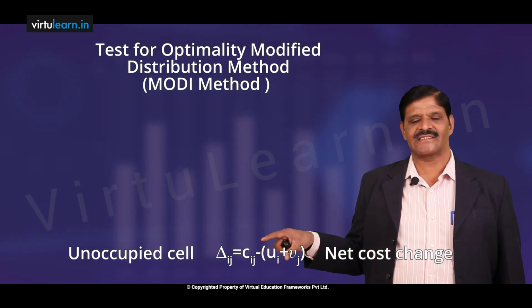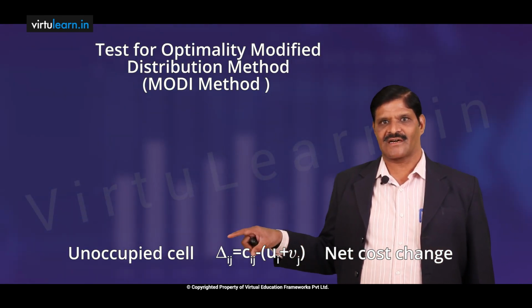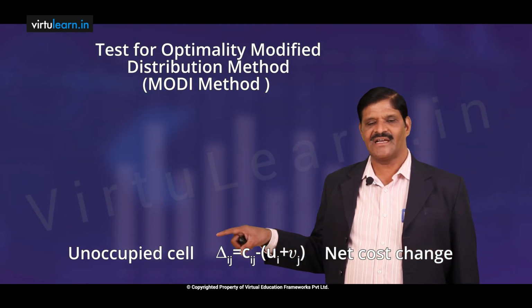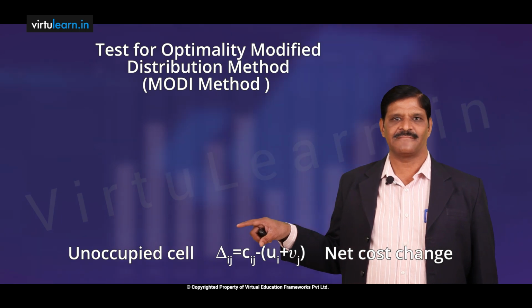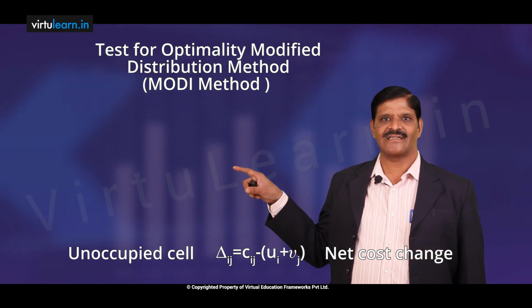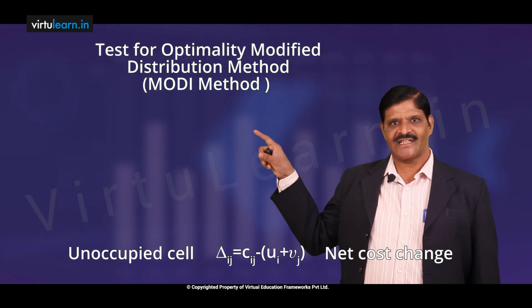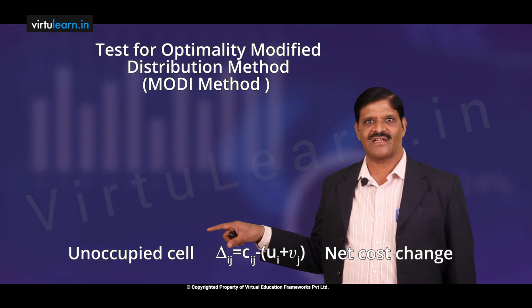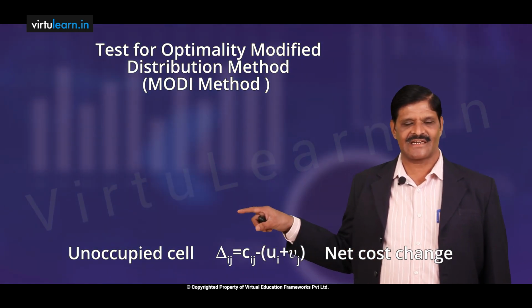Similarly, for third row, first column, we have made allocation. Third row is represented by u3, first column by v1. u3 plus v1, there we have made allocation and the cost is, let us say, 18. Then we will write down 18. Likewise, for all the cells where we have made allocation, these equations are written.